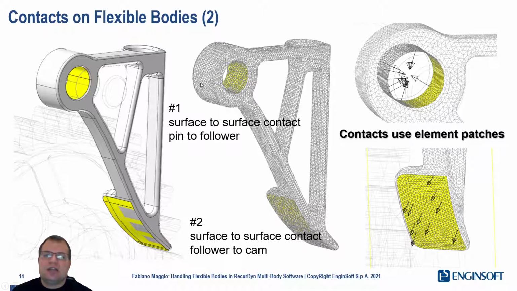So we just keep the same thing we had before, but instead of having surfaces, we have elements on the surfaces. This is the way that RecurDyn treats contacts in flexible bodies.